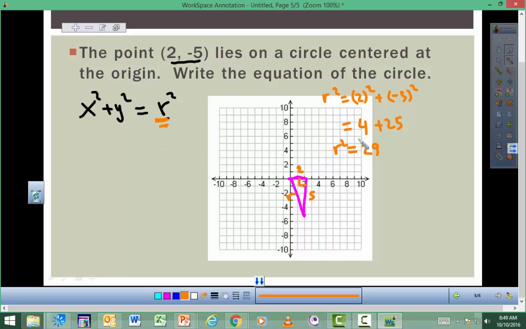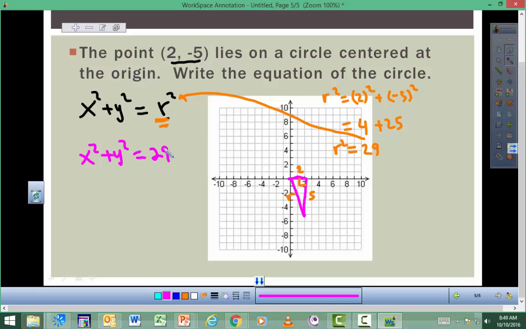Well, now that you calculated what r squared is, just put it in. So we get x squared plus y squared is equal to 29. Is this too hard?